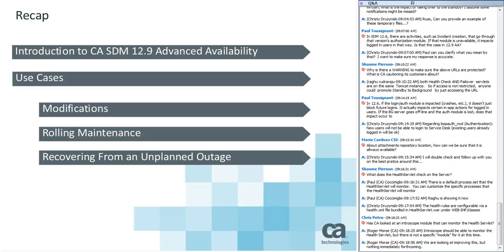We talked about rolling maintenance, and that could include services patches or OS patches. And then finally, we wrapped things up with showing how to recover from an unplanned outage. So basically, how do you deploy and use the health servlet and the failover servlets that we provide within 12.9 advanced availability.